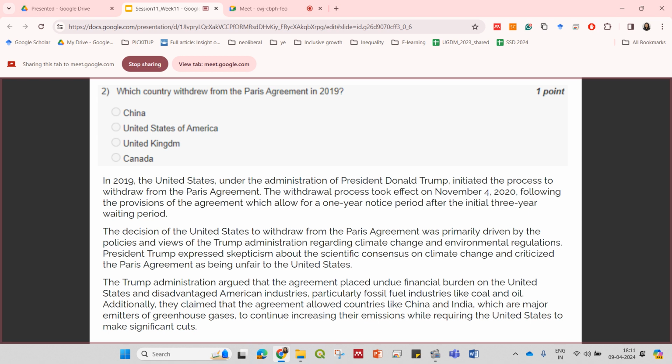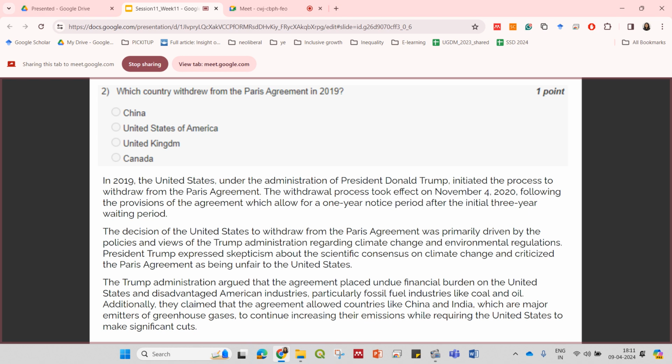So President Trump expressed criticism or skepticism about the scientific consensus. He didn't agree to this, and also criticized that the Paris Agreement is unfair towards developed countries, and United States is one of the developed countries.